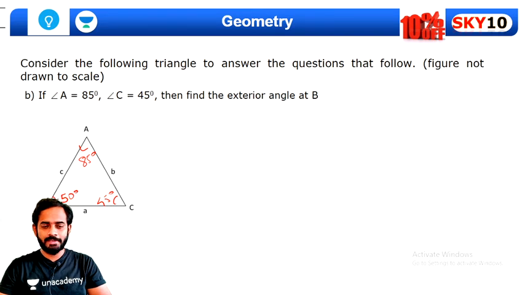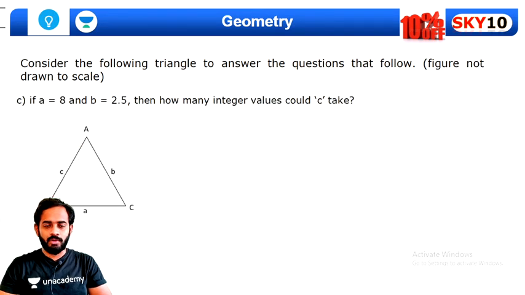Very simple, guys. Okay. Now this is a good question. The value of A is 8, value of B is 2.5. Then how many integer values C can take? It's quite simple. Let's try to understand this.